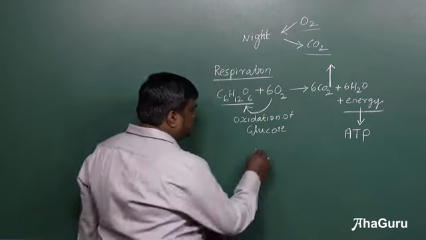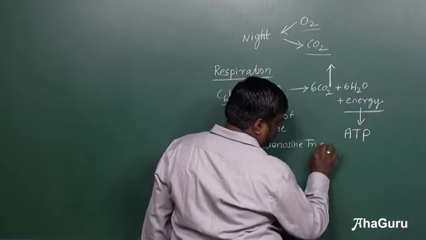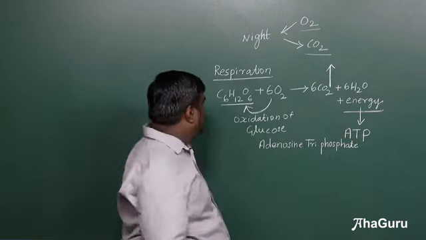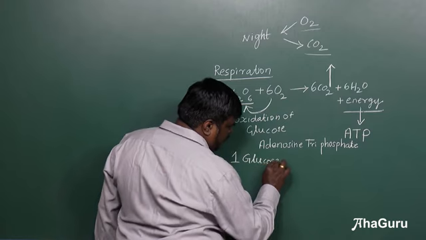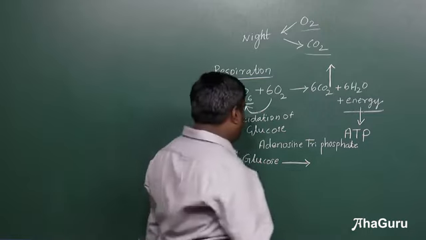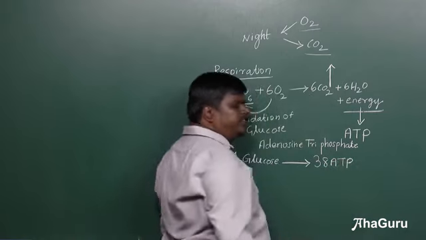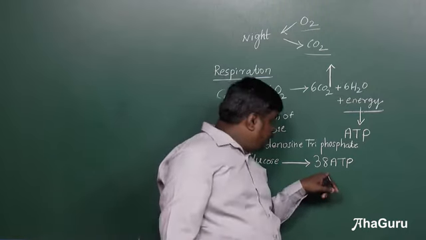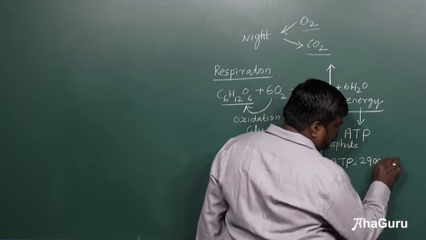Here you can see that one glucose molecule that undergoes respiration, or the glycolysis process, produces 38 ATP molecules, which is equal to 2900 kilojoules of energy.